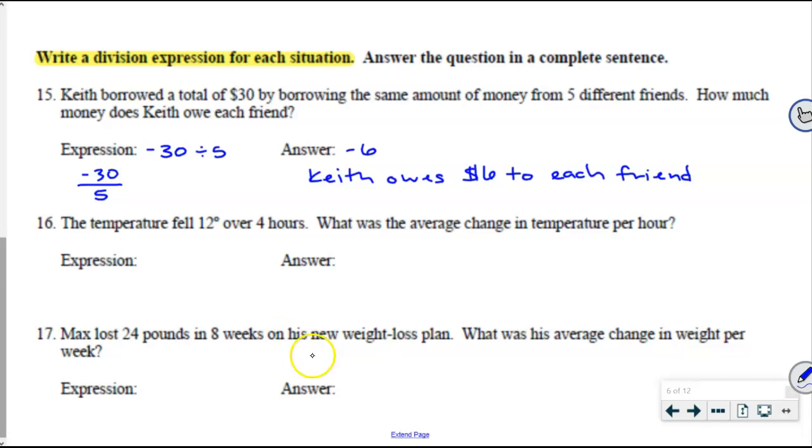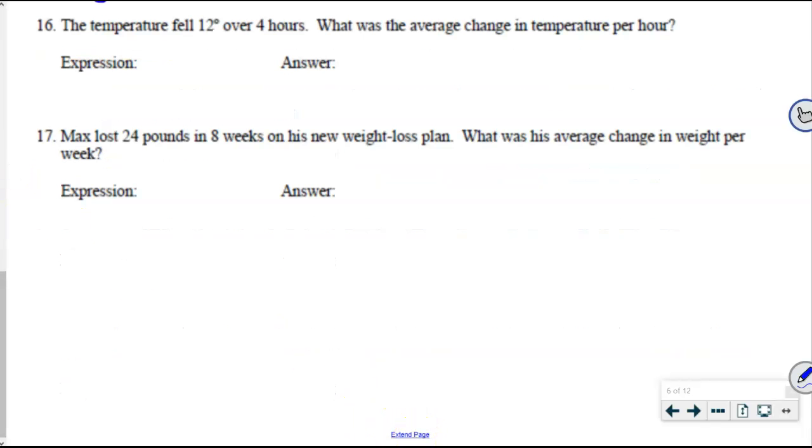The temperature fell 12 degrees over 4 hours. What was the average change in temperature per hour? If the temperature is falling 12 degrees over 4 hours, falling, we need to represent that with a -12. And it happens over the course of 4 hours, so we can divide by 4.